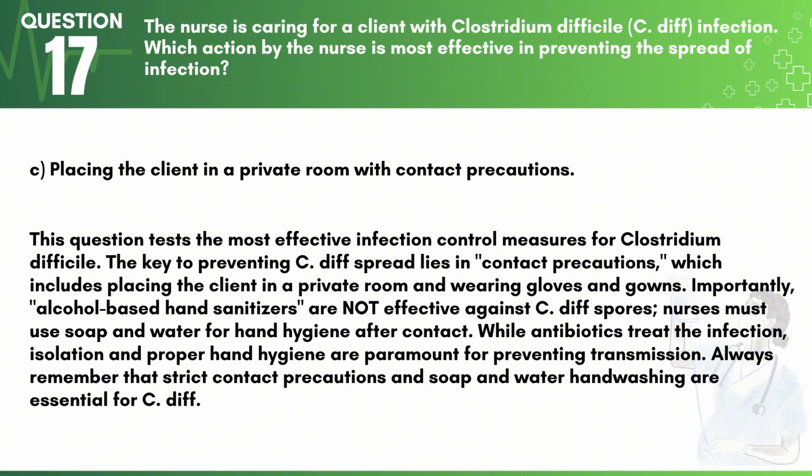Importantly, alcohol-based hand sanitizers are not effective against C. diff spores. Nurses must use soap and water for hand hygiene after contact. While antibiotics treat the infection, isolation and proper hand hygiene are paramount for preventing transmission. Always remember that strict contact precautions and soap and water hand washing are essential for C. diff.